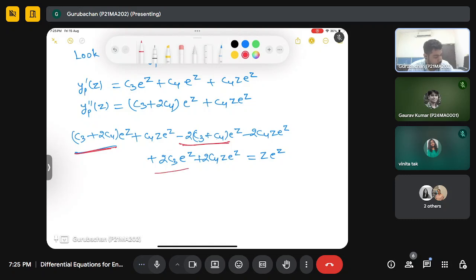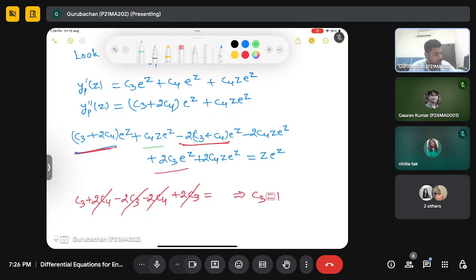So this is c3 plus 2 c4 minus 2 c3 minus 2 c4 plus 2 c3 equal to 1. So 2 c4 will cancel out, 2 c3 will cancel out, and this c3 will be 1. And what about the other?